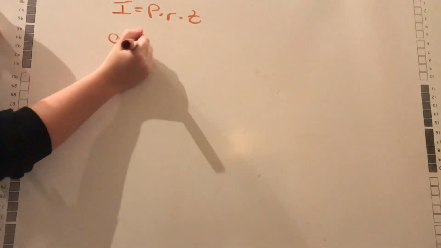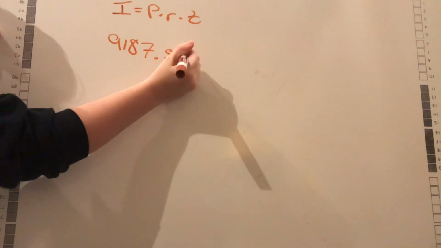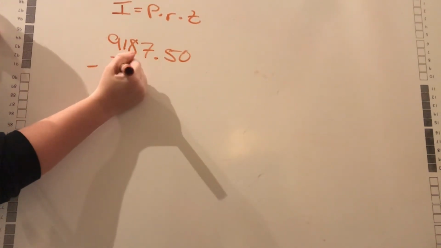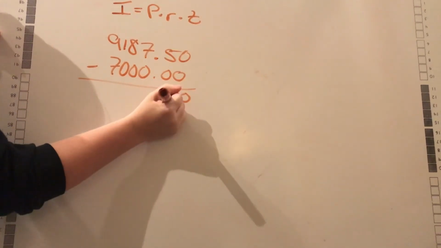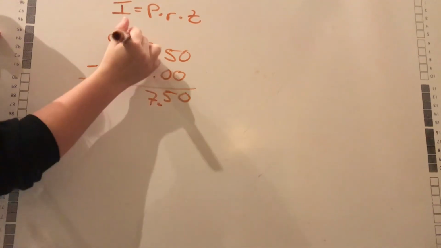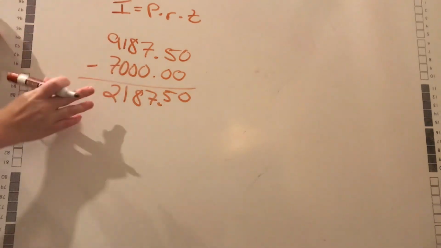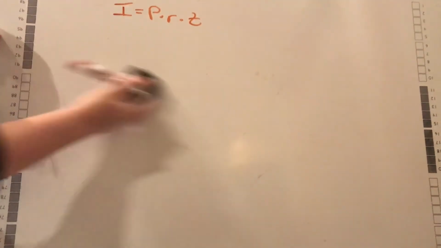So we're going to take her total, which was $9,187.50, and we are going to subtract the $7,000 that she initially borrowed. So our I is $2,187.50.